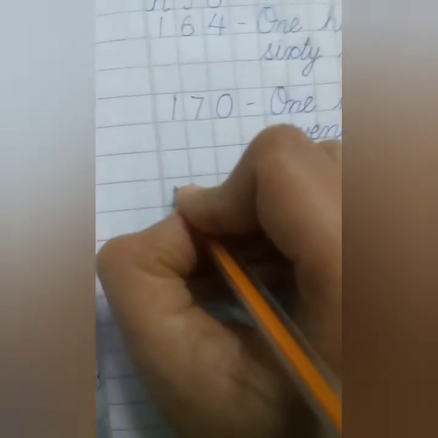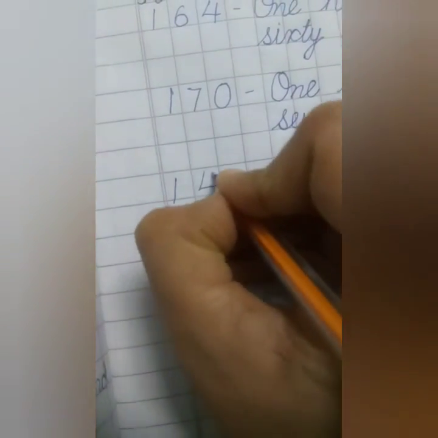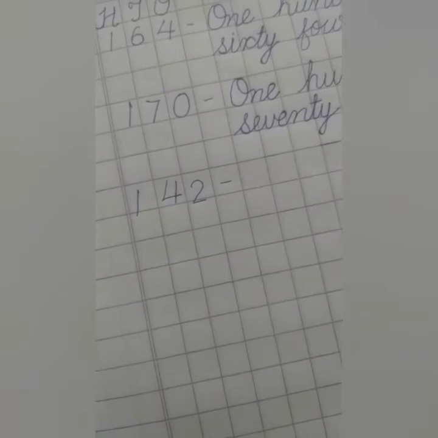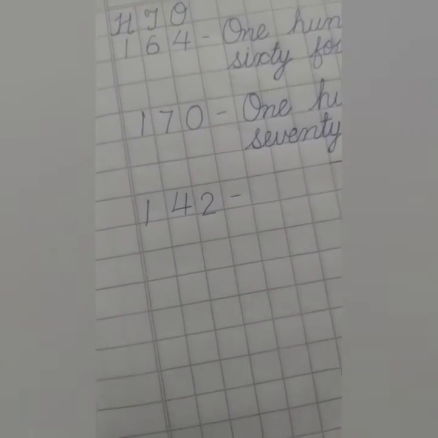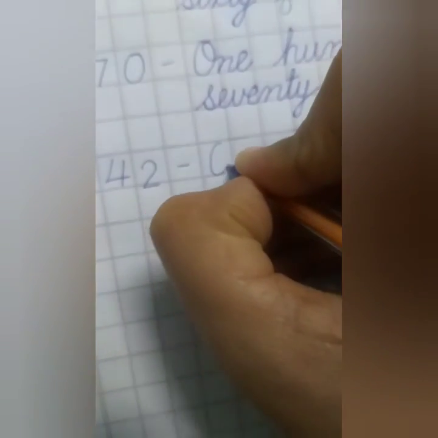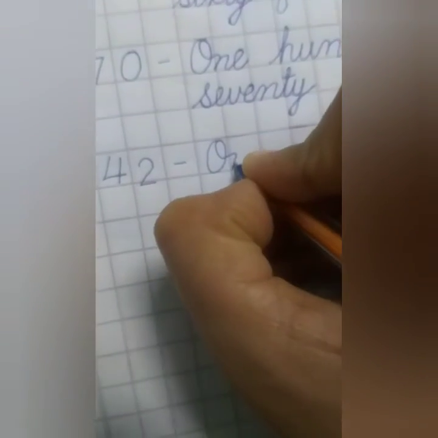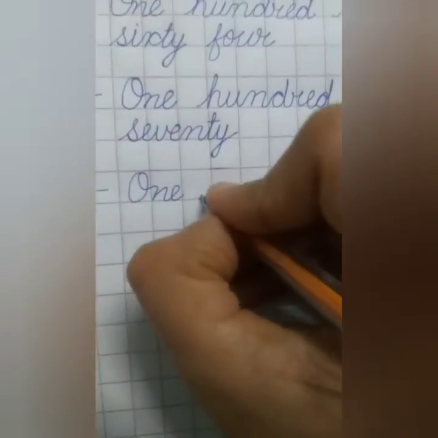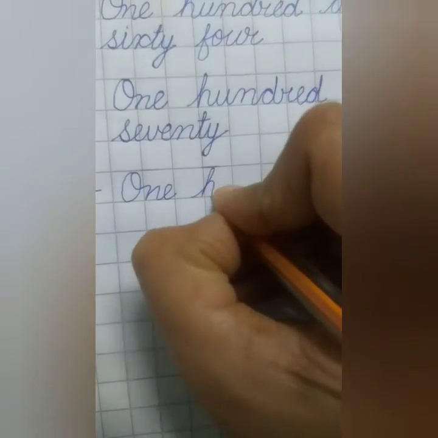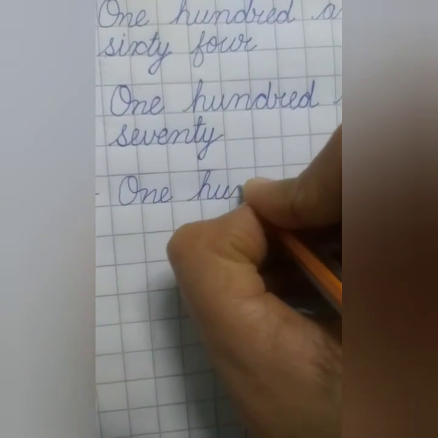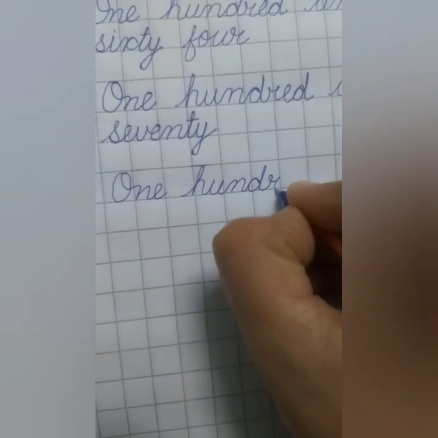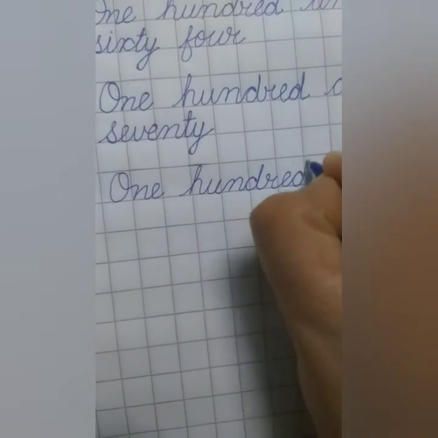Now leave 2 blocks and write 1, 4, 2. A small dash. 142. So write O-N-E. Take one finger gap and write H-U-N-D-R-E-D. 100.